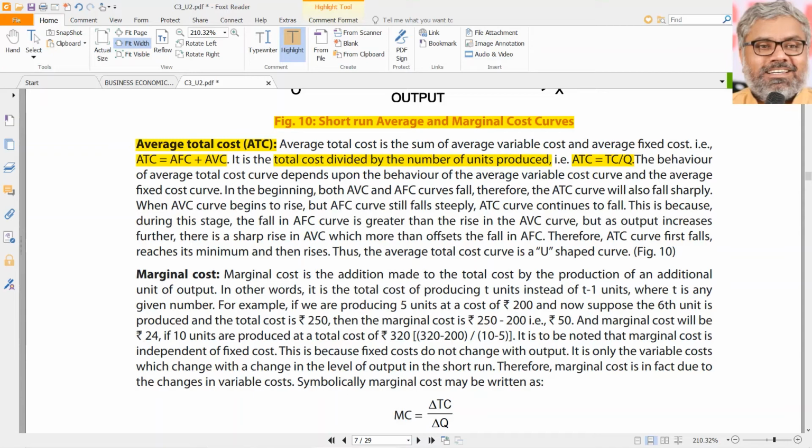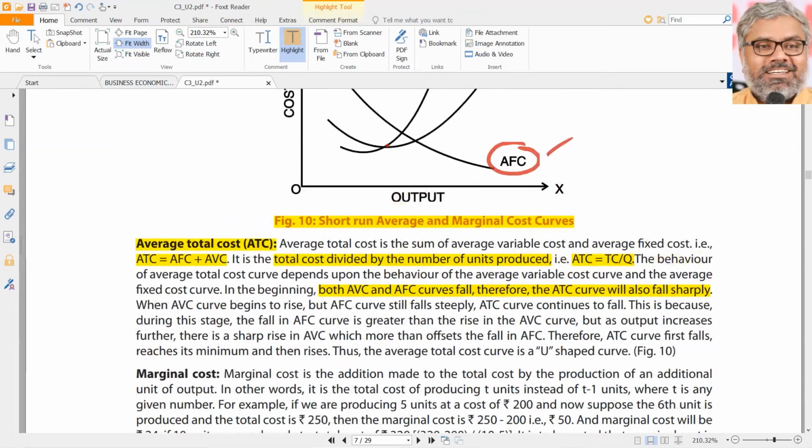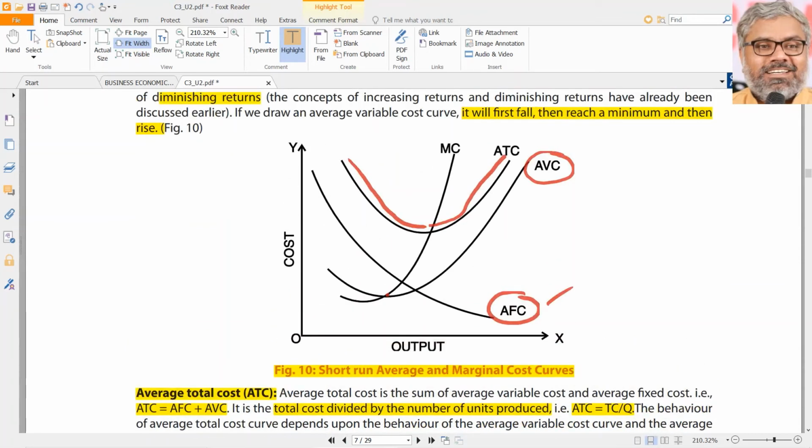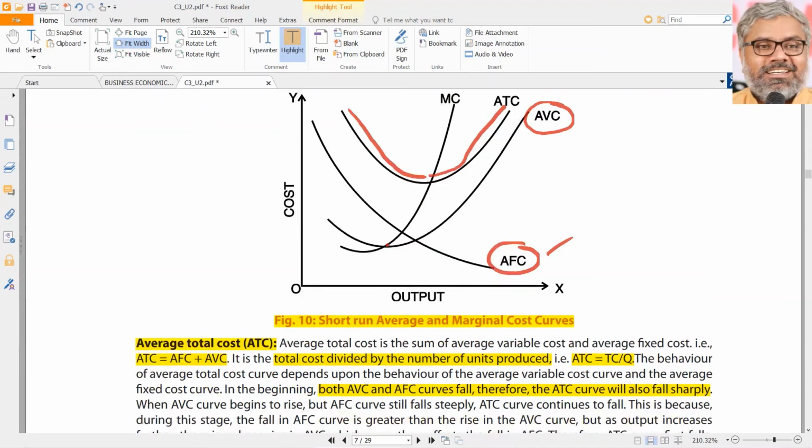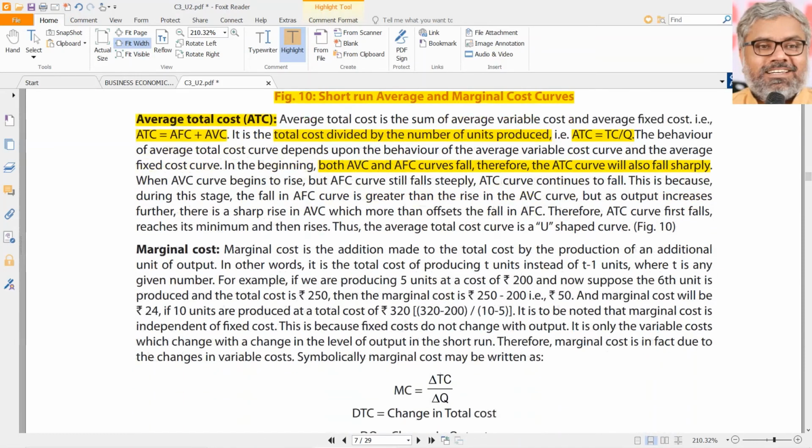So as long as both the average variable cost and average fixed cost are falling, the average total cost also will fall sharply, because in the initial stages average fixed cost is falling. Of course, average fixed cost keeps on falling, but average variable cost falls in the initial stages. Both are falling, which means they are having a huge impact on average total cost, and average total cost is also falling sharply, drastically. When the average variable cost curve begins to rise, still average fixed cost will fall steeply.